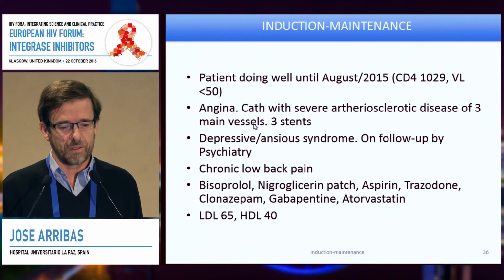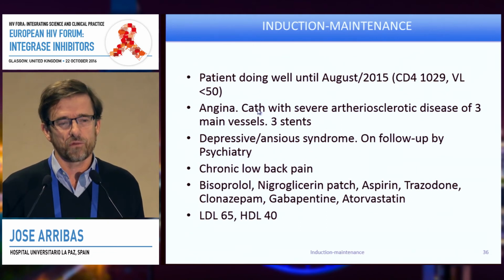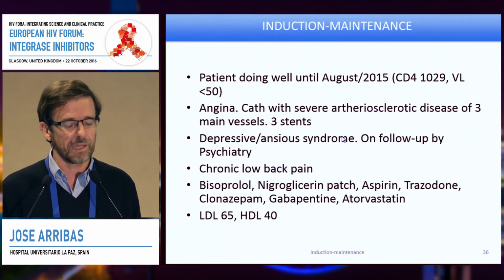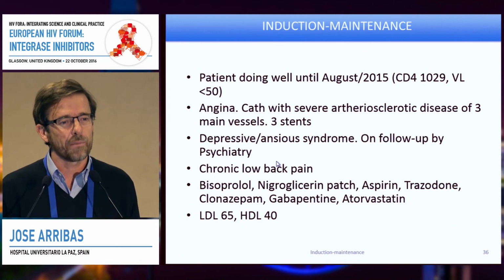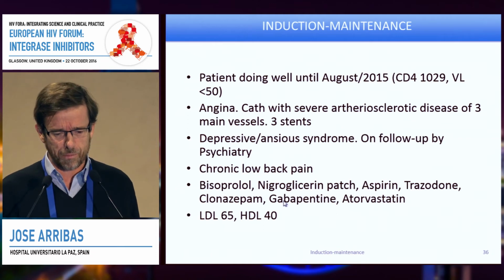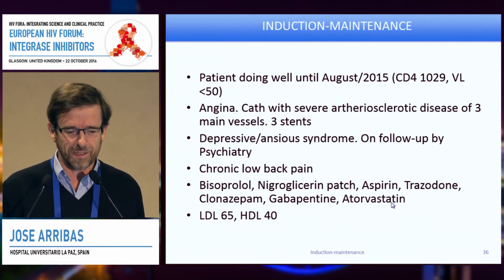Angina, a cath showing severe artery disease of 3 main vessels. He got 3 stents. He has a depressive anxious syndrome on follow-up by psychiatry. Chronic low back pain. All of a sudden, he's taking bisoprolol, nitroglycerin patches, aspirin, trazodone, clonazepam, gabapentin, atorvastatin.